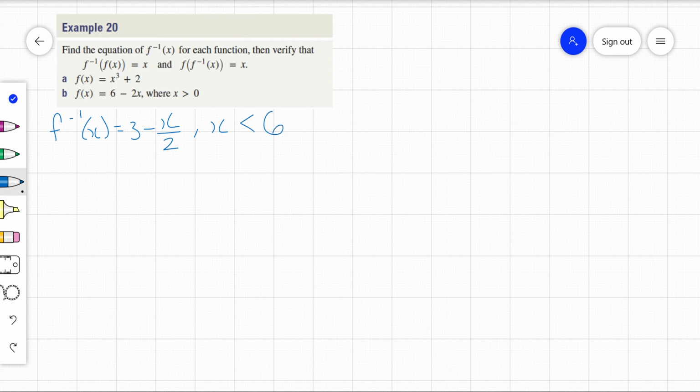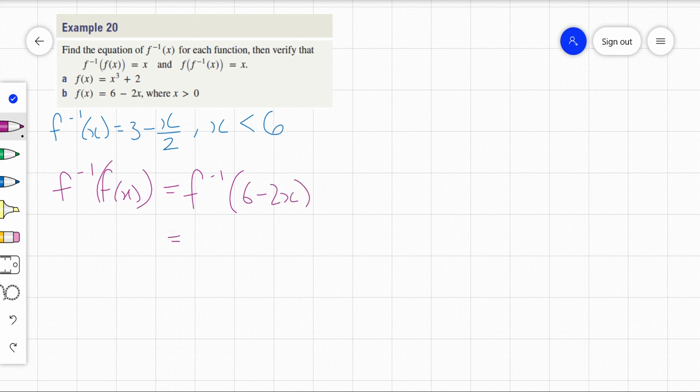So let's now verify, let's do the inverse of f of x. Let's have a look at what that looks like. So I'm going to put in the inverse function the value of f of x, which is 6 minus 2x. So wherever I see an x, I'm now going to put in 6 minus 2x.